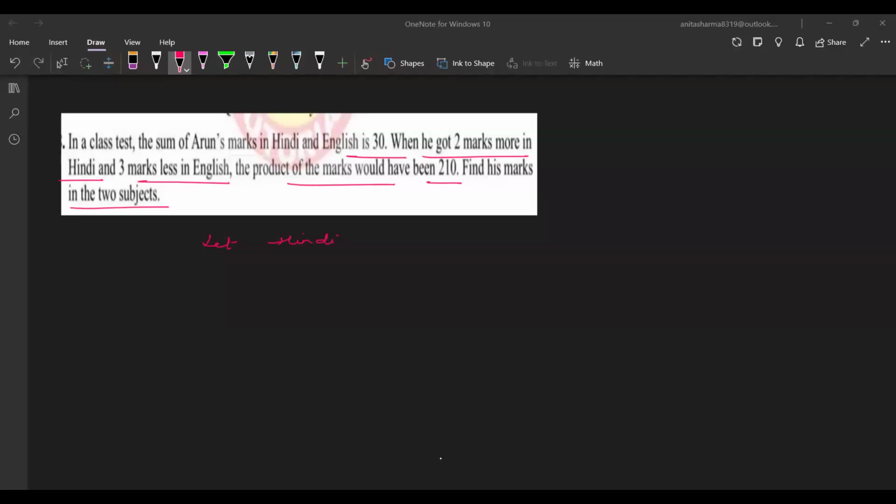So let Hindi marks be X and English marks be Y, right? Yes. Now you have given the sum of marks is equal to 30. So the value of Y will be 30 minus X, right? This is your equation 1. Now you have given 2 marks more in Hindi and 3 marks less in English.